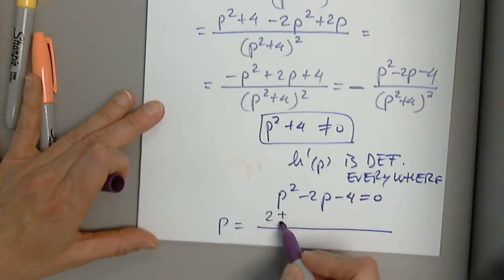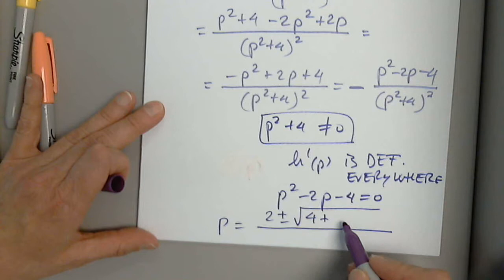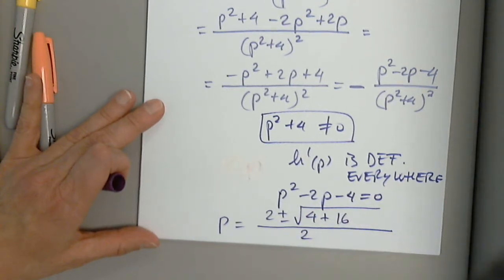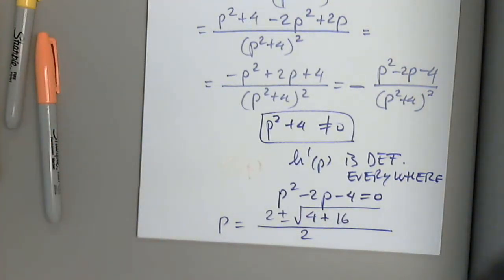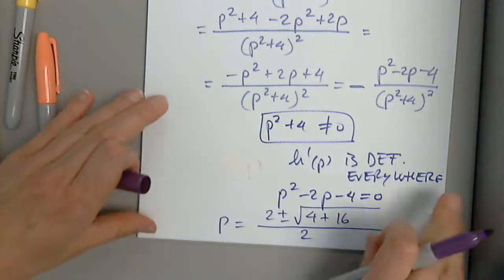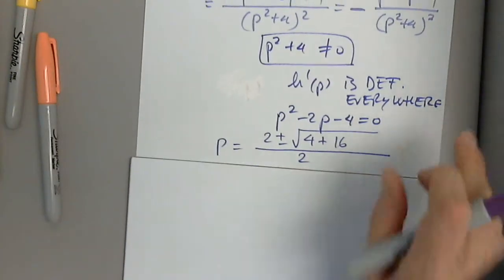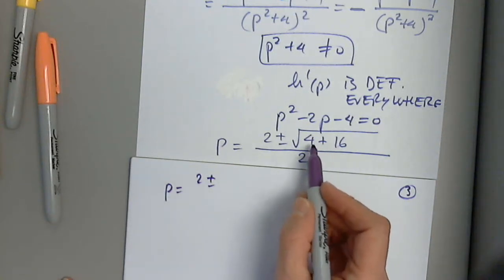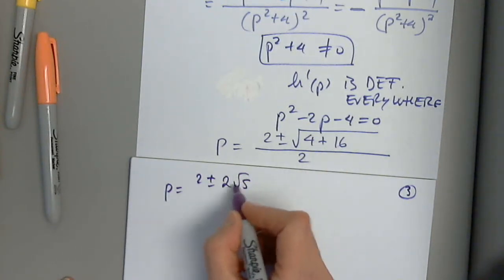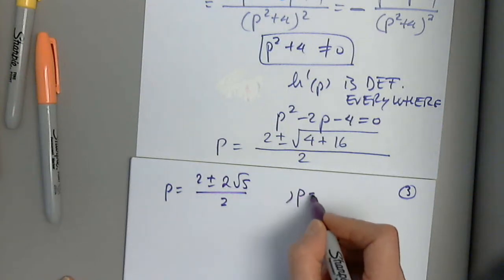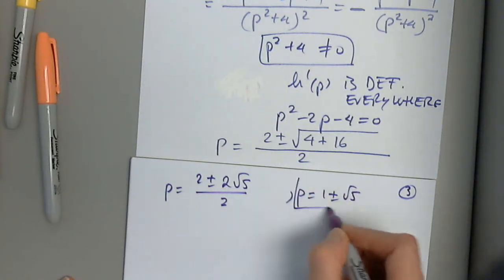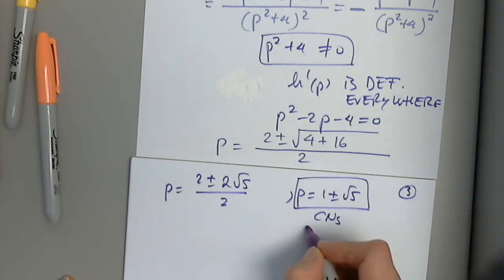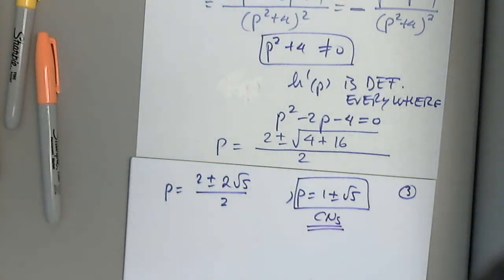Negative b plus or minus the square root of b squared minus 4ac over 2a. Simplify as much as you can. So then p equals 2 plus or minus the square root of 20, which is 2 the square root of 5, divided by 2. Finally, 1 plus or minus the square root of 5. These are the critical numbers of this function.